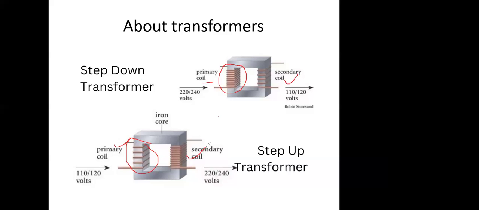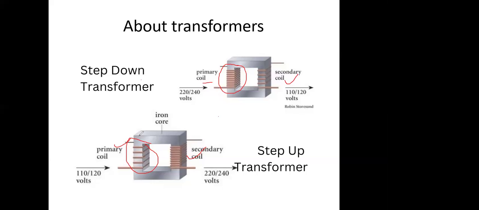But according to what we have been talking about, voltage in a step down comes in when it is too much and then goes out when it is little. Then voltage in a step up comes in when it's of a small value and goes out when it's of a large value. What does it mean?